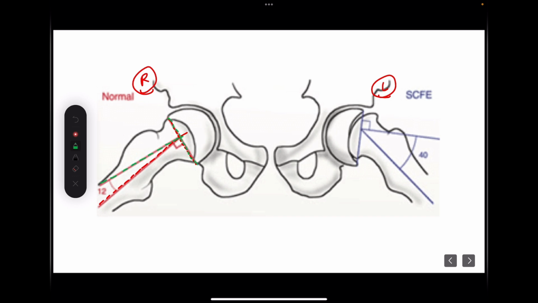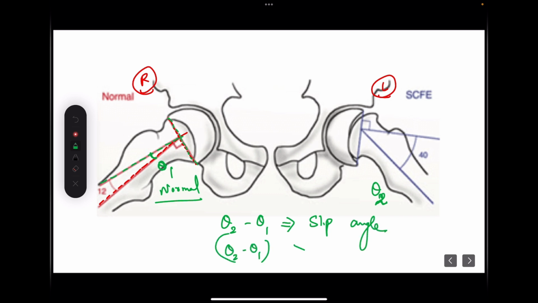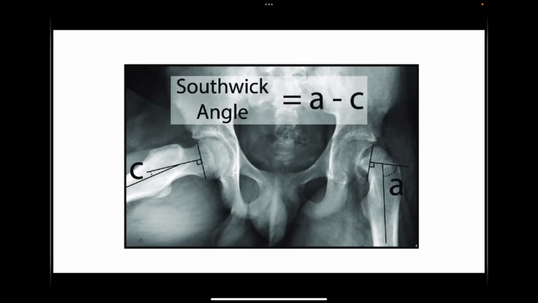The angle between the line along the shaft of the femur and the line perpendicular to the physis is calculated on the normal side, that is theta 1. The same angle is calculated on the diseased side also, that is theta 2. And we calculate the difference of the two. This is the slip angle of Southwick. Whenever theta 2 minus theta 1 is more than 30 degrees, this comes under the category of moderate, and whenever more than 60 degrees, this becomes severe.